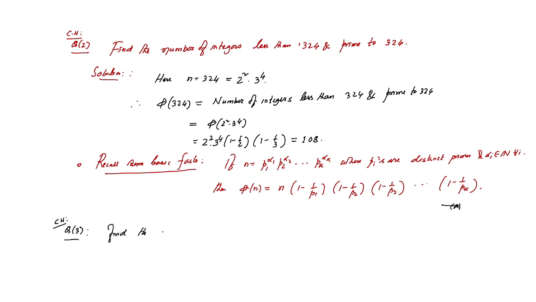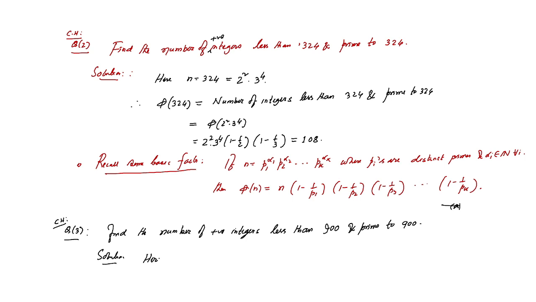Find the number of positive integers less than 900 and prime to 900. So now how to solve?